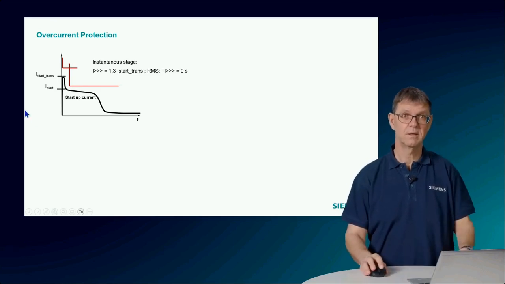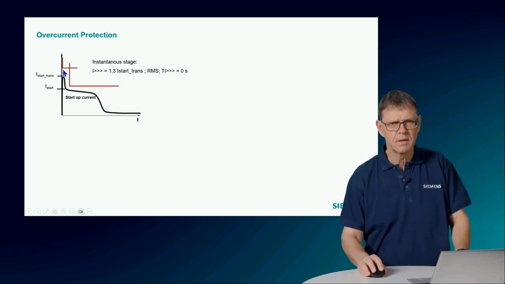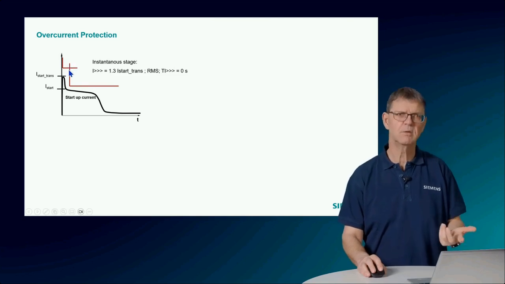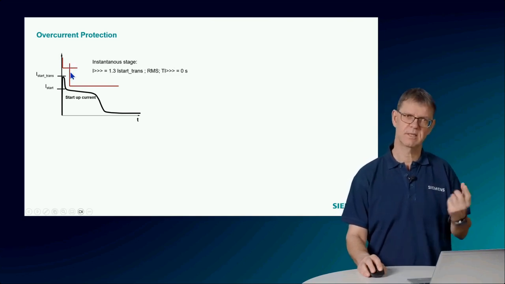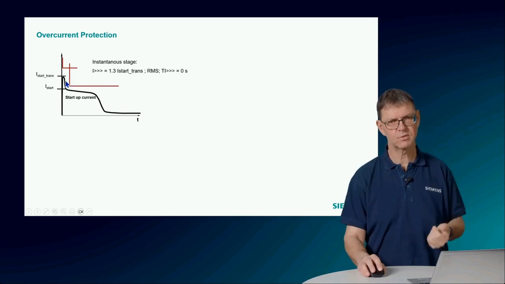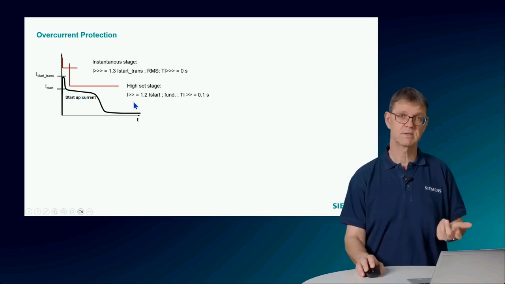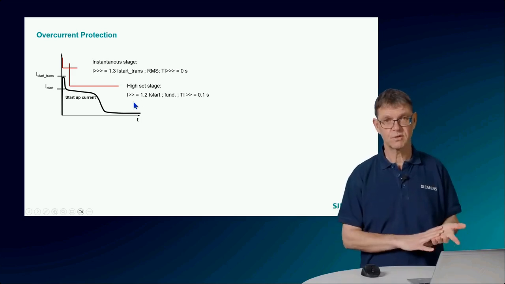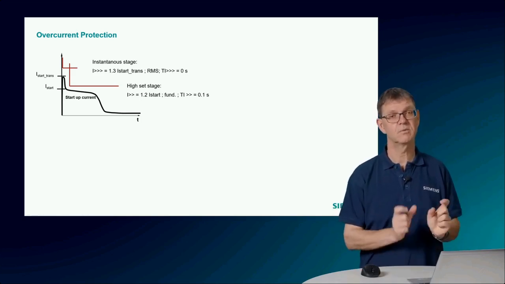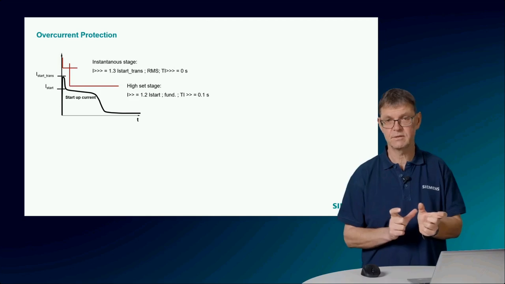However, then I need to be careful with the tripping time so that I don't trip with this peak current. So I need to have a small time delay here so that this peak current does not trip this stage. And here we can set 120%, for example, of the starting current, and we need a certain delay here.